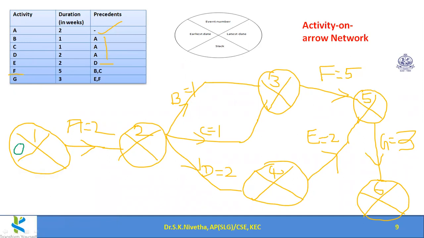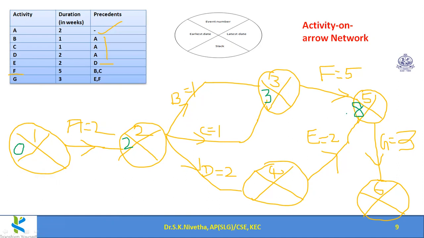Earliest date 0 here, 0 plus 2 becomes 2 here, 2 plus 1, this is one path. Again 2 plus 1, another path, both are becoming 3. And for F, I have 2 paths, through B and through C, both yielding 3, so 3 plus 5 becomes 8.